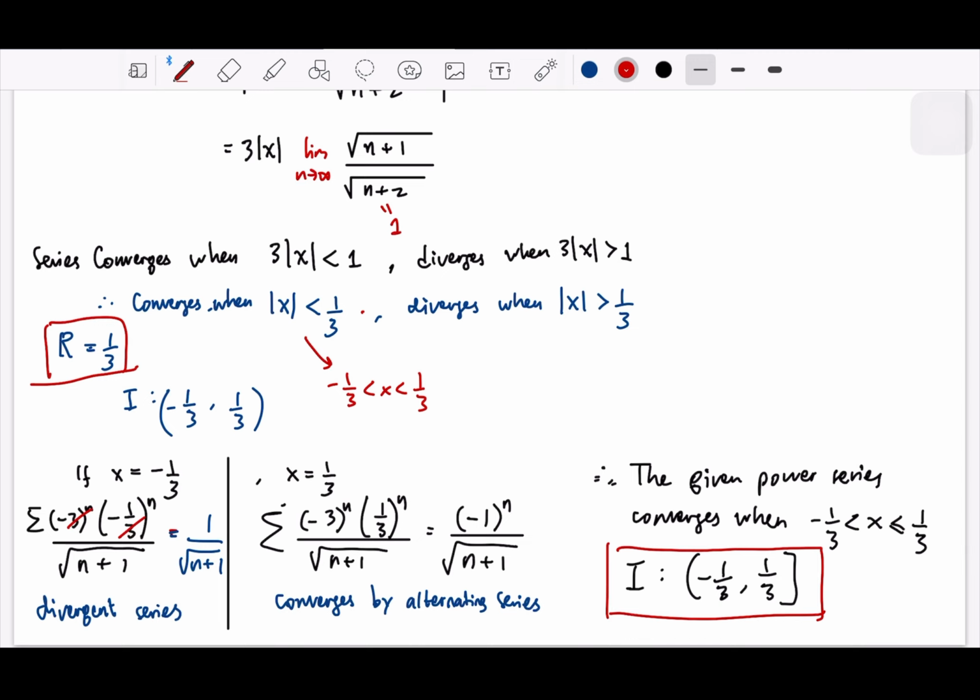I think that is the power series. So for the power series, you will have to observe that there is an interval of convergence that you need to analyze.